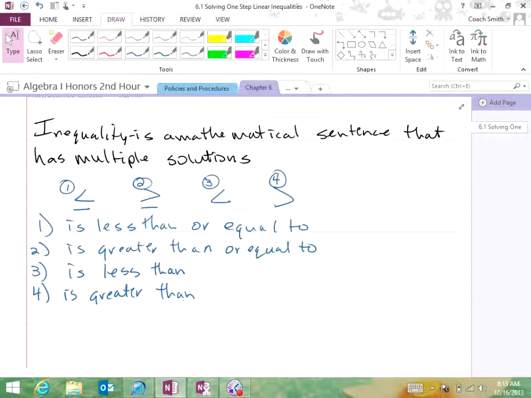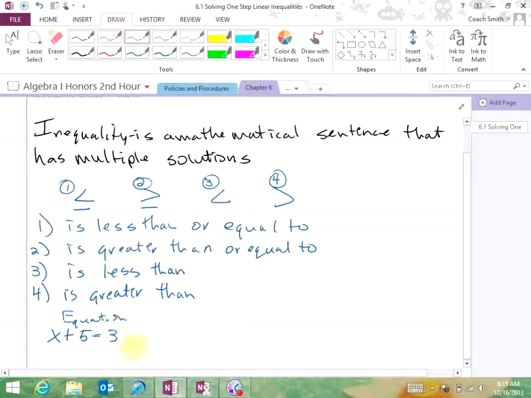Basically, what we're talking about today is this. Instead of having an equation of x plus 5 equals 3, which is an equation, what we're going to have is an inequality. The inequality will look like this: x plus 5 is greater than or equal to 3.